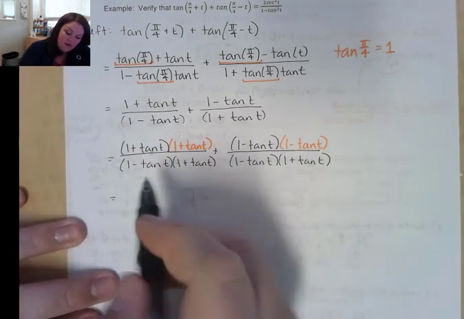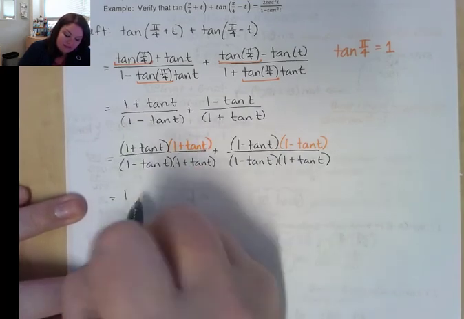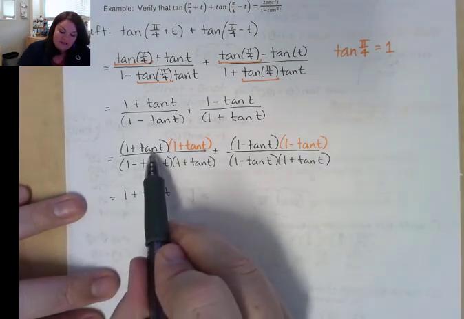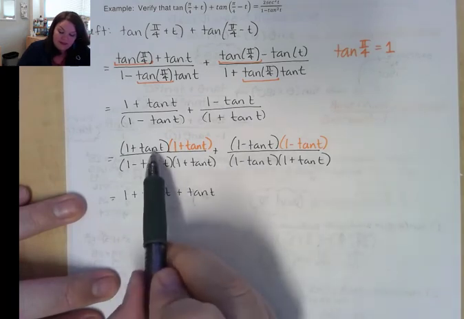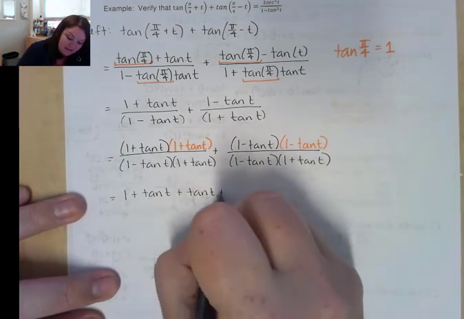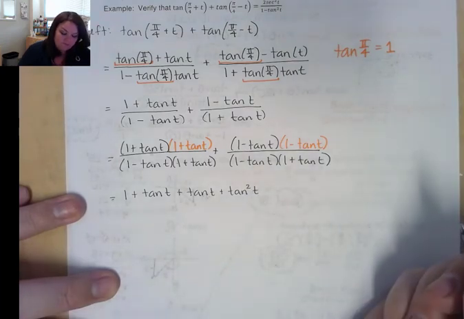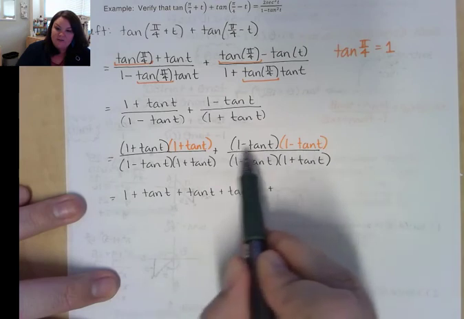Here we go. 1 times 1 is 1. 1 times tangent t is tangent t. Tangent t times 1 is tangent t. Tangent t times tangent t is tangent squared t. And then I'm going to go ahead and add what I get from the second numerator.